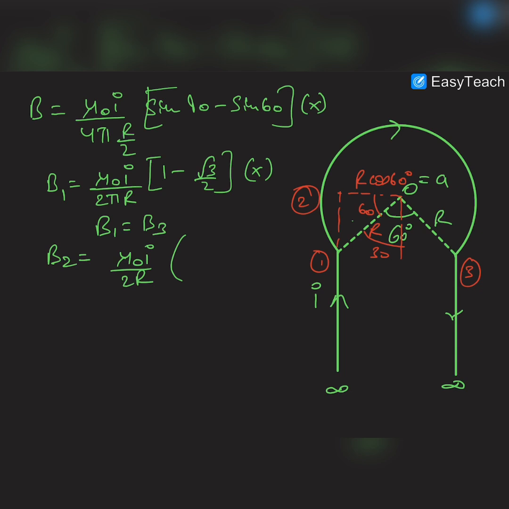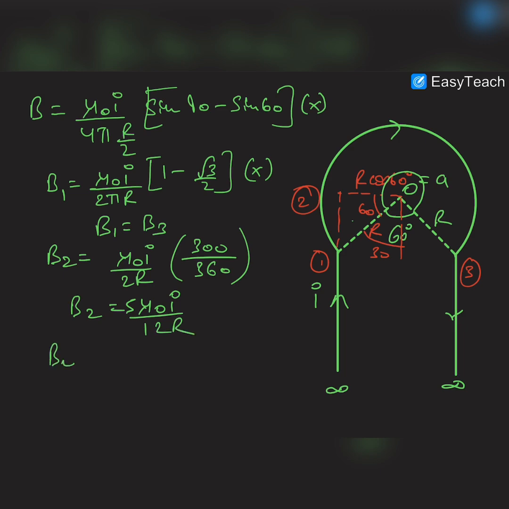The angle subtended by the current carrying arc at the center is 300 degrees, and the total angle is 360 degrees. So B2 will be equal to 5 mu naught I by 12R.